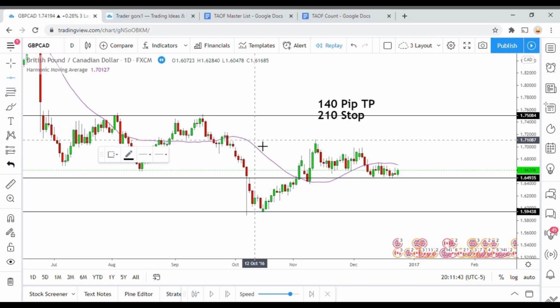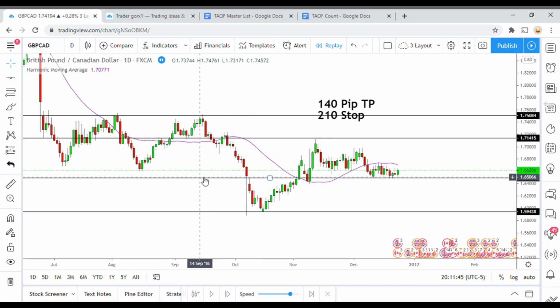This is where it can get rather difficult sometimes to really decide, because remember again that these are zones. These aren't necessarily exact lines in the sand, where price is always going to come to the exact pip and never go below or above.